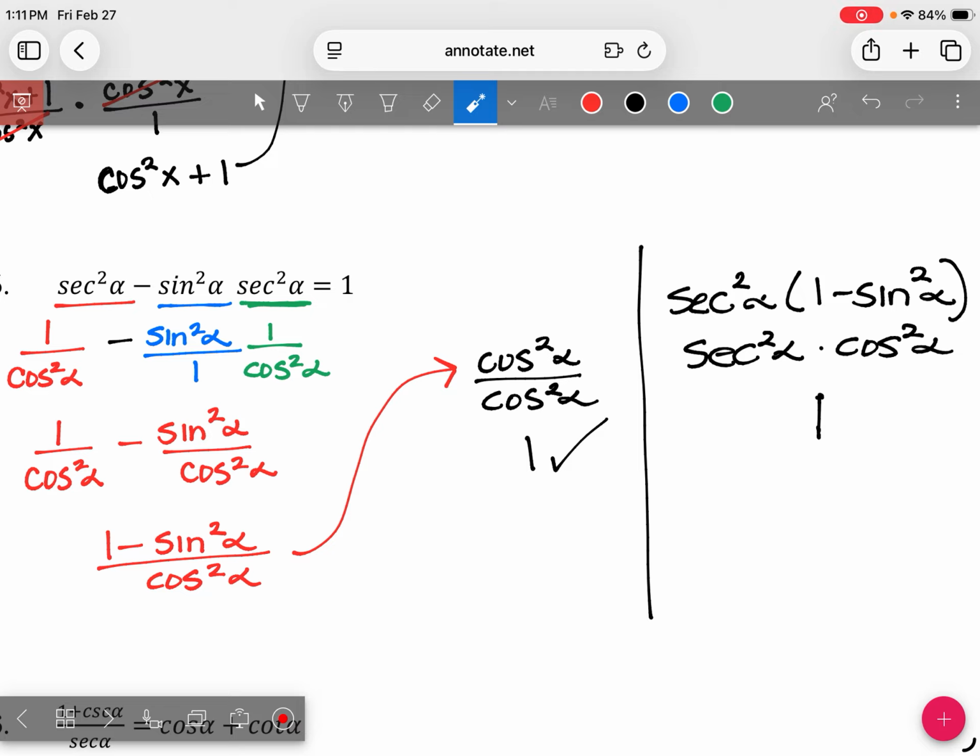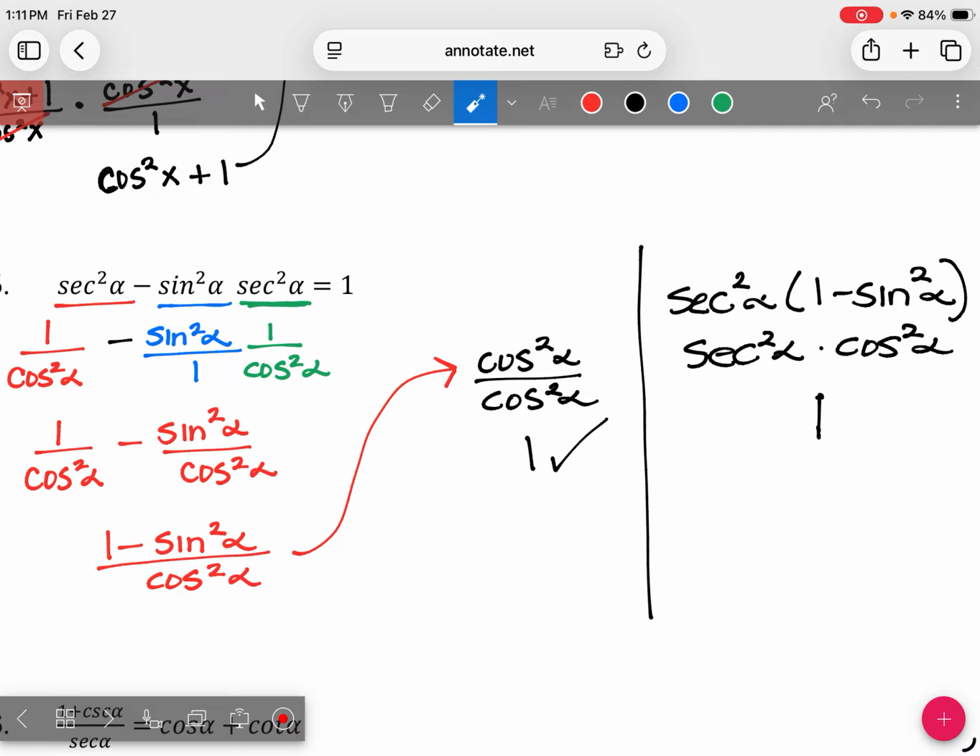Where did the sign go after? The 1 minus sine squared alpha? That's an identity. So look on your pink paper. Look where it says Pythagorean identities. You see where it says sine squared plus cosine squared equals 1.